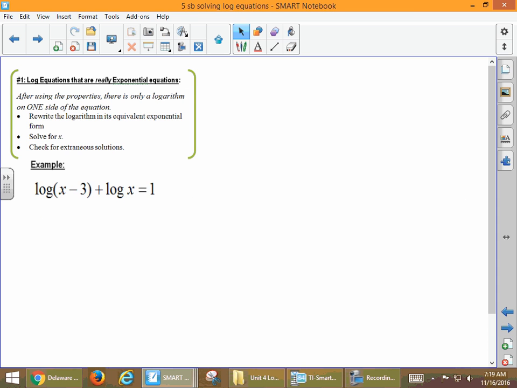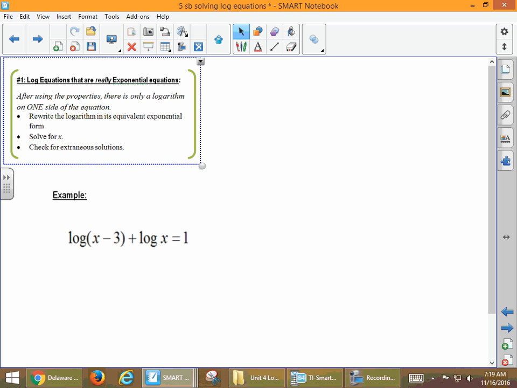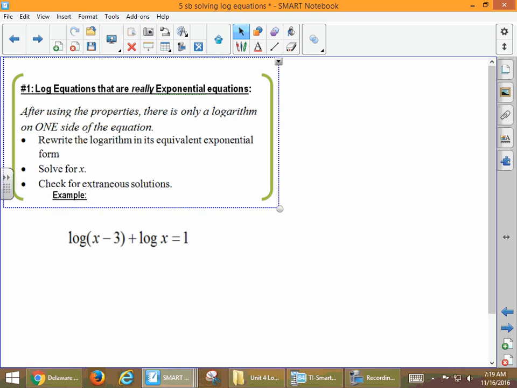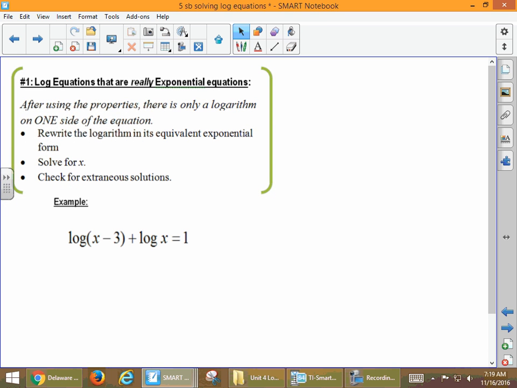The first is going to be a log equation that's really an exponential equation. What happens here is after we use the properties, there is only a logarithm on one side of the equation.